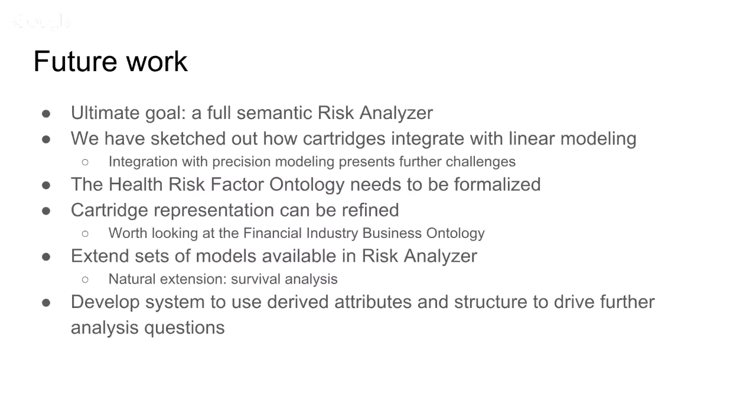Another important idea is how we can take the risk analyzer and fully integrate it with our precision modeling from Cartridge. This will require a full formalization of the health test ontology. We can also look at other types of models, like a Cox model or something similar like a Fisher test.